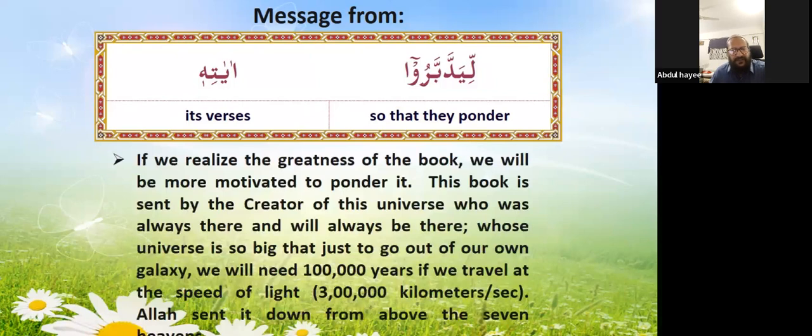If we realize the greatness of the book, we will be more motivated to ponder it. This book is sent by the creator of this universe, who was always there and will always be there.